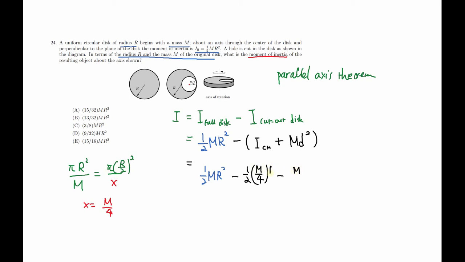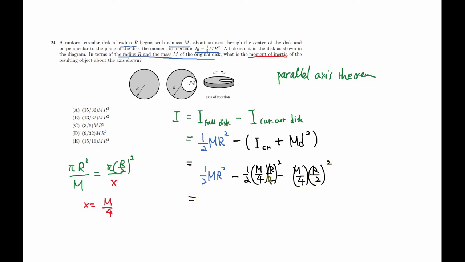So I have to put the r over 2 and then squared, and then m over 4, and we're going to just set the parallel axis on the center, and it really doesn't matter, but any region along this circle we're going to keep that, because that makes our calculation much easier. So the distance from that to our center of mass of this cutout disk is again r over 2, and you also have to square that.